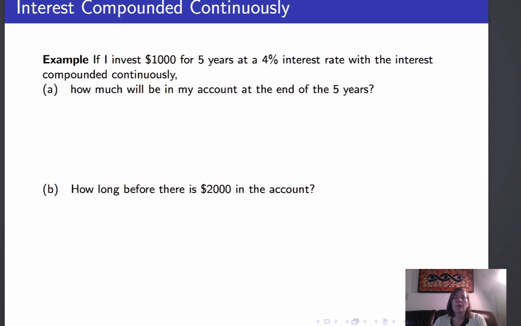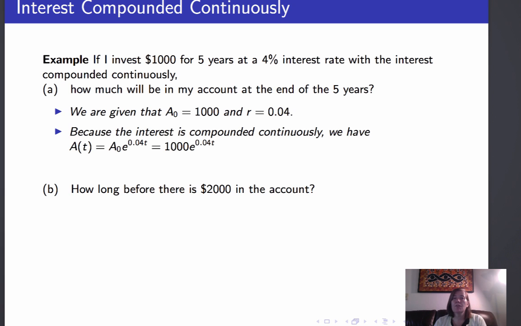And if I want to know how much will be in my account at the end of 5 years, I have A0 is 1,000, R is 4 divided by 100, which is 0.04, and because this interest is compounded continuously, we have the amount after t years is A0 e to the 0.04 times t, which when I fill in the details is 1000 e to the 0.04 t.